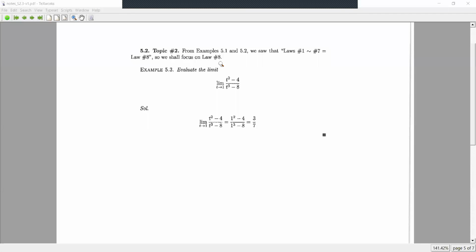In particular, in exams and in your homeworks, you can use only law number 8. You don't need to use laws number 1 to number 7. So you can only use direct substitution to compute a limit in exams and homeworks.